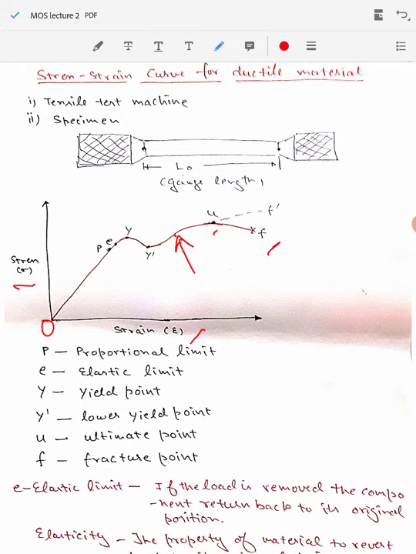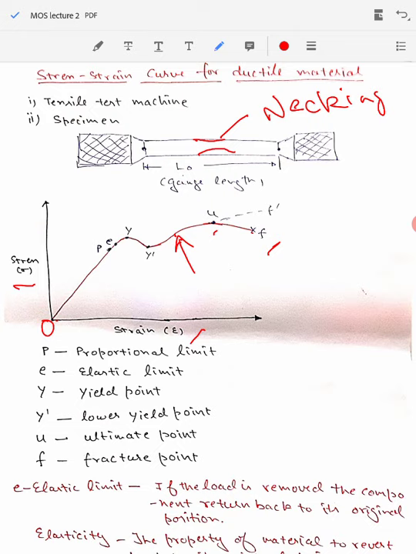This is true if you use the original area to plot the stress value, but if you take the actual area, you will find that beyond point U there is necking in the component, so there is a local reduction in the area. From somewhere in the middle there is a large reduction in area, which is called necking. While we are plotting the stress based on the original area which we measured before the start of the experiment, F appears to be lower than U.